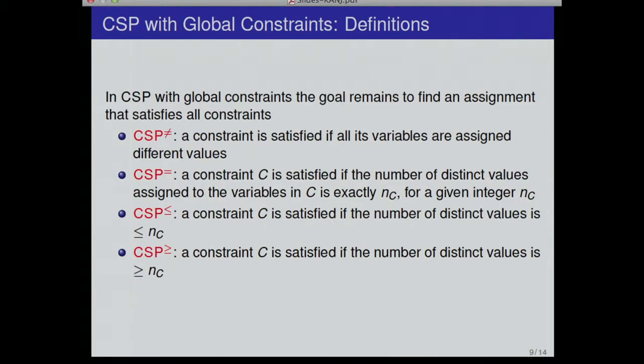The CSP equal constraint is satisfied if the number of distinct values assigned to its variables is exactly nc. The less than or equal constraint is satisfied if the number of distinct values assigned to its variables is at most nc, and for the CSP greater or equal, a constraint is satisfied if the number of distinct values is at least nc.